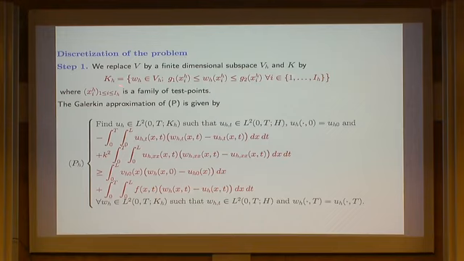So reminding that K is a convex subset which takes into account the constraints, we would like to define another convex subset which takes into account the constraints but at the discretized level. So we choose to consider the constraints only at a finite family of test points which are denoted as x_a^H. So of course we get the Galerkin approximation of P simply by replacing V by V_H and K by K_H.